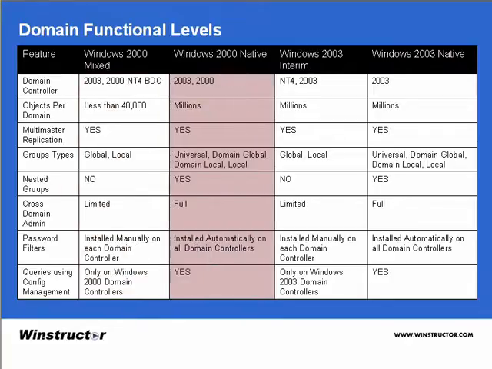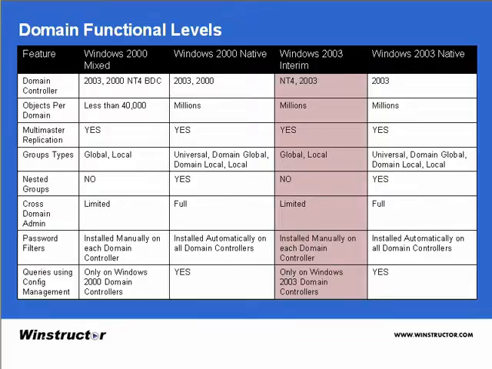The Windows 2000 Native domain level enables you to run a Windows 2003 domain controller in conjunction with Windows 2000 and other Windows 2003 domain controllers. The 2003 Interim level allows a Windows 2003 domain controller to interact with domain controllers running Windows NT 4 or Windows 2003.